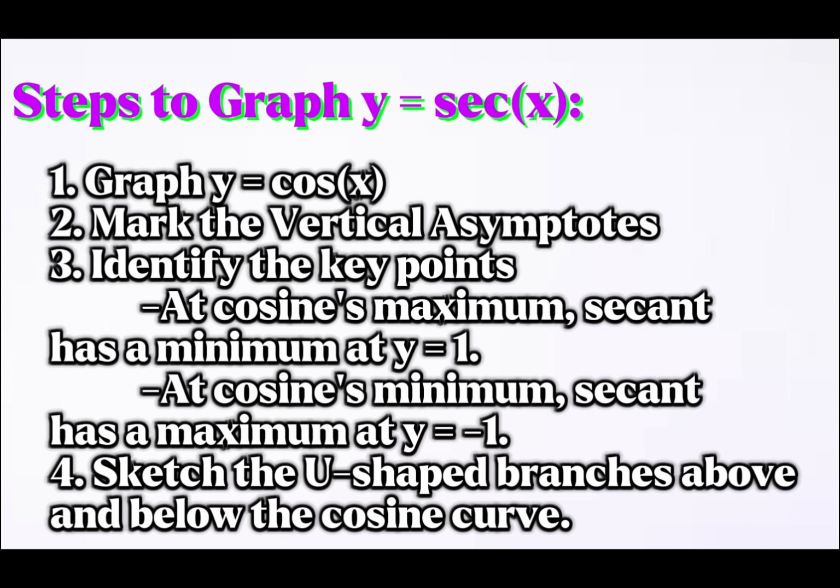Third, you have to identify the key points. At cosine's maximum, secant has a minimum at y is equal to 1. At cosine's minimum, secant has a maximum at y is equal to negative 1. And lastly, you have to sketch the U-shaped branches at the peaks throughout the cosine.